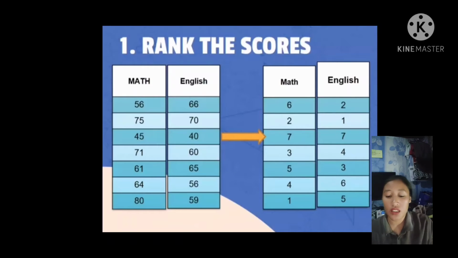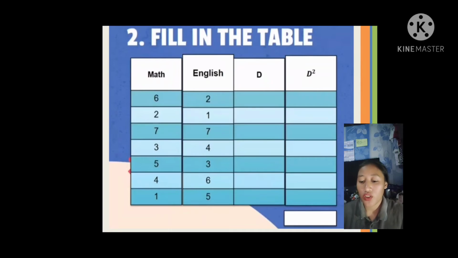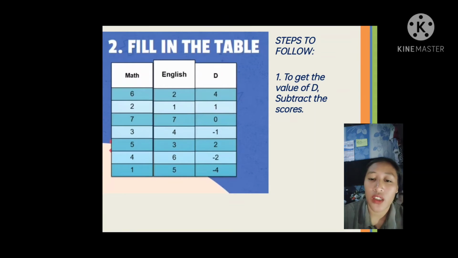Then the next step is to fill in the table. We will be looking for the value of D and the value of D squared. Question: how do we get the value for D and also D squared? These are the steps to follow. First, to get the value of D, subtract the ranks.